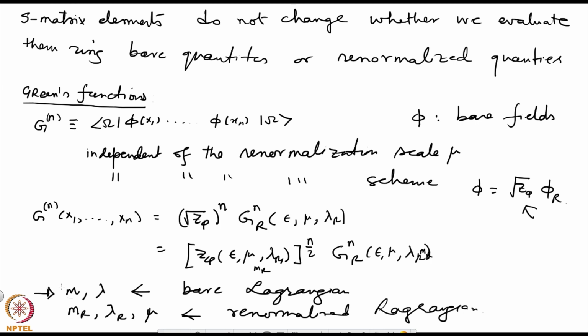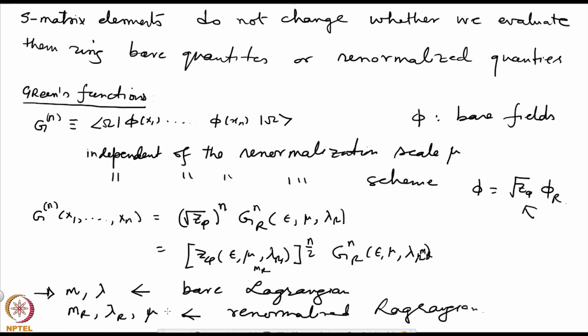So given that fixed choice of bare parameters m and lambda, you have found out what the physical mass is, and what the probability is of producing a particular final state, let's say a 2-body final state when you are colliding two particles, a 3-body final state when you are colliding whatever number of particles. You are fixing the initial state, you are fixing the final state, you get numbers. Depending on the initial and final momenta, you have all these big tables of numbers.